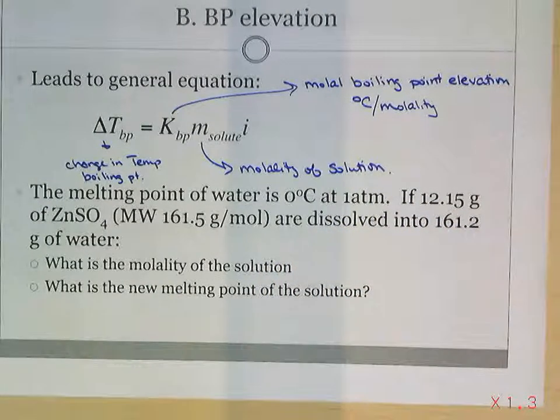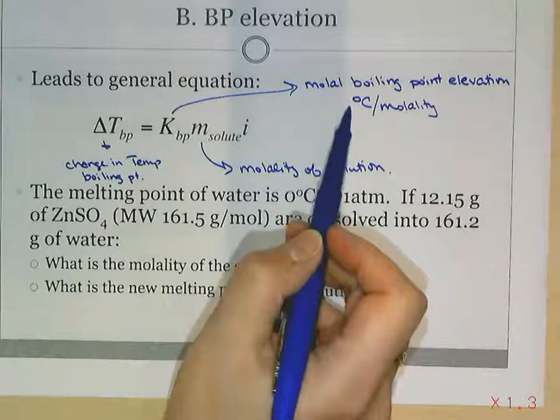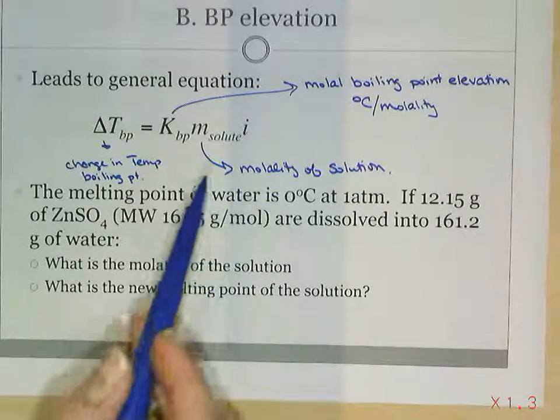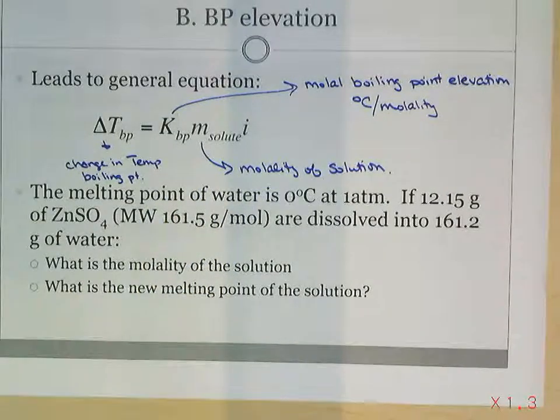So you can see those molalities will cancel out. All right, this is degrees Celsius per molality times the molality times this crazy thing, i. Not like math i. There's a different i.